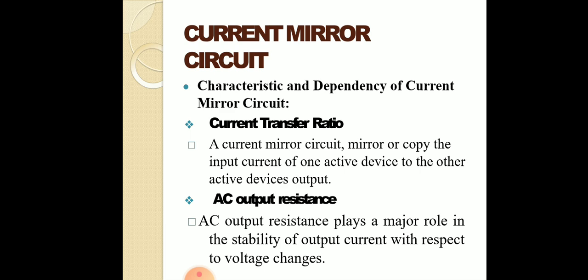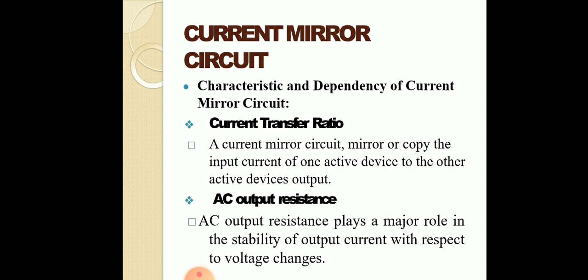Actually, a current mirror circuit mirrors or copies the input current of one active device to the other active device's output.